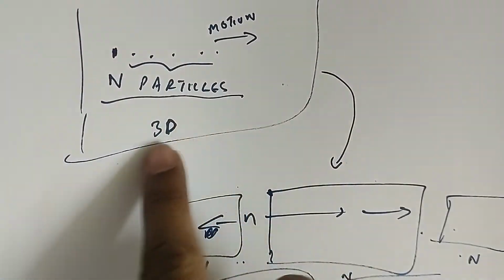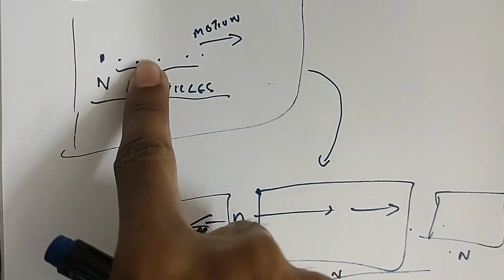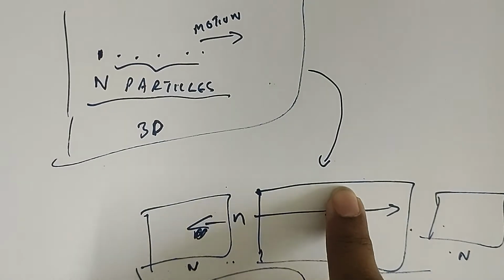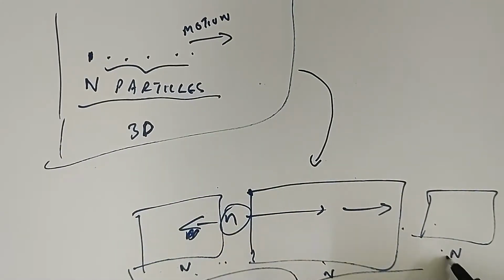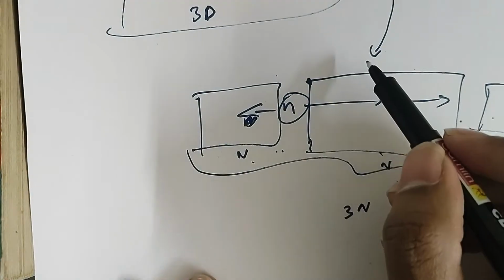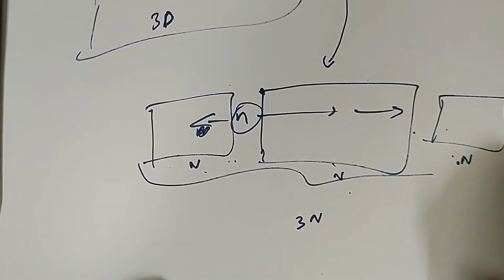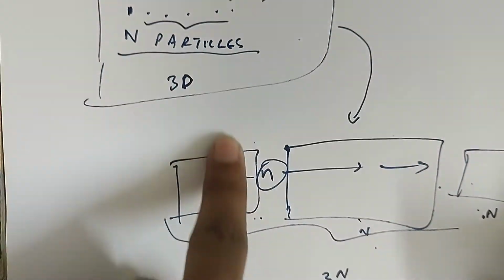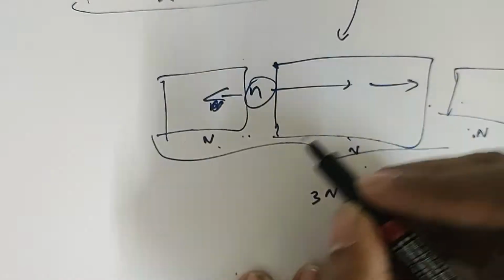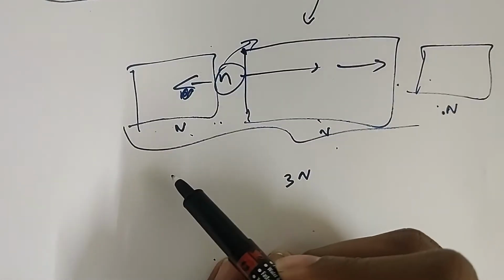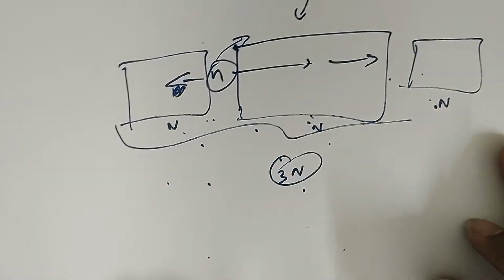Instead of thinking about the motion of capital N particles in 3 dimensions, I'm now going to think in small n terms, which is 3 capital N, the 3n-dimensional space.